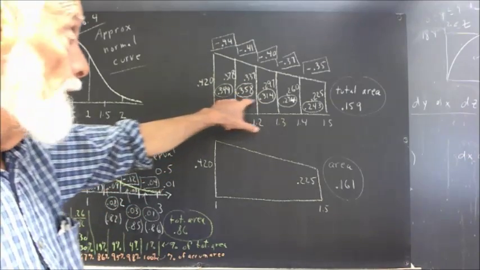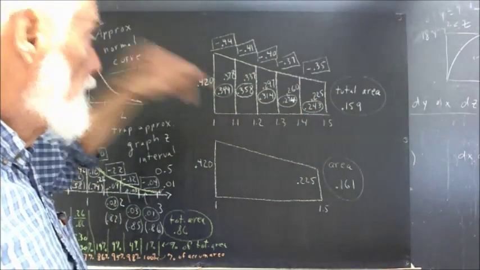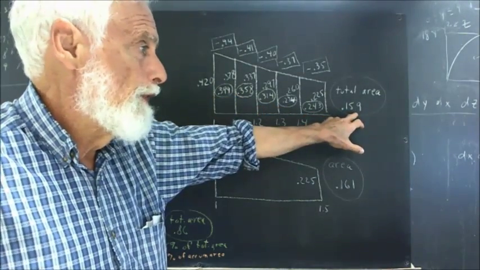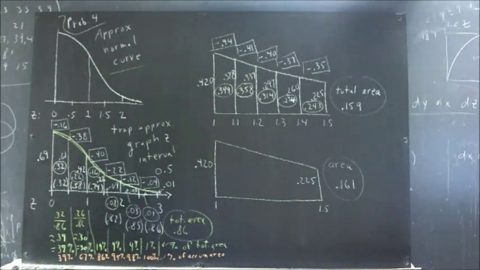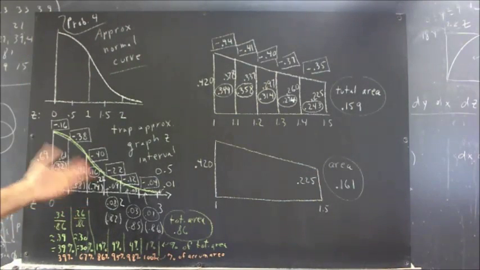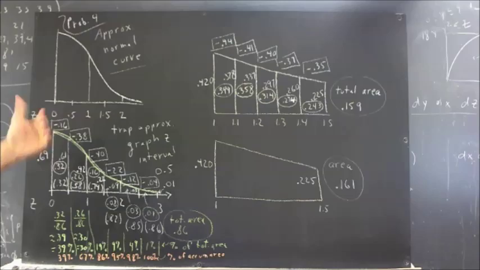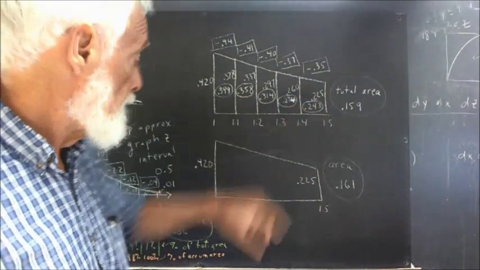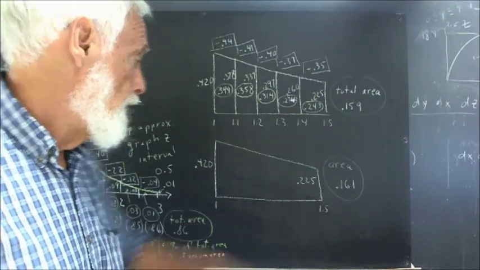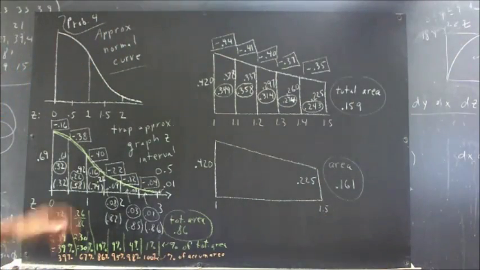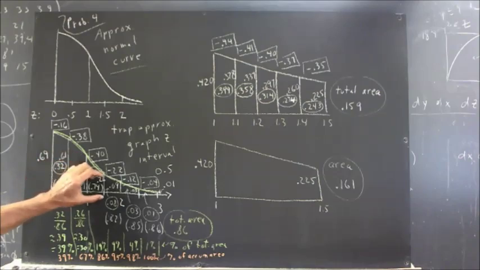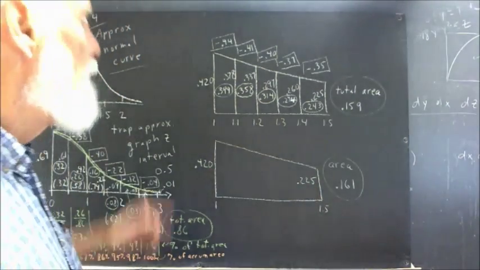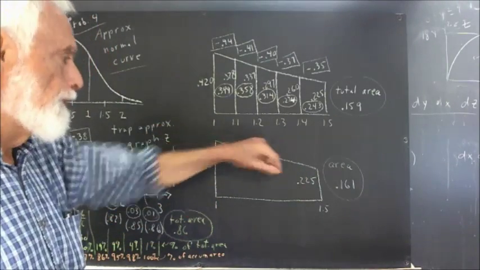Now, the calculation of the areas is very straightforward. Here are the areas, and the total area here is 0.159. Now, previously we got 0.16. That could have been 0.159 rounded up 1 unit. However, if we take this altitude and this altitude from 1 over to 1.5, instead of the 0.42 and the 0.22, we actually use these more accurate values.